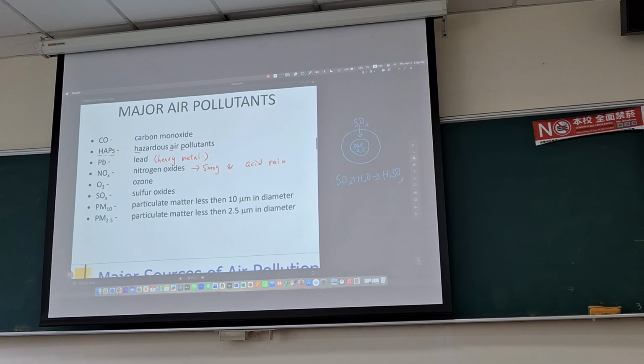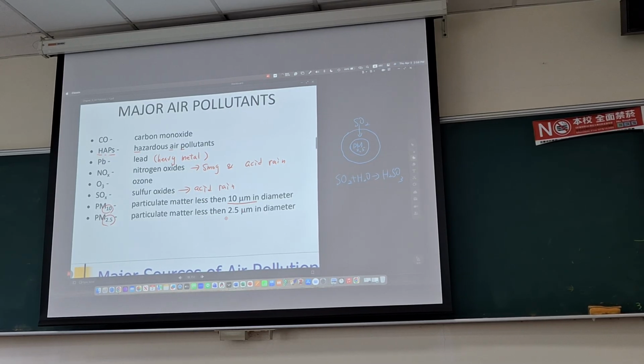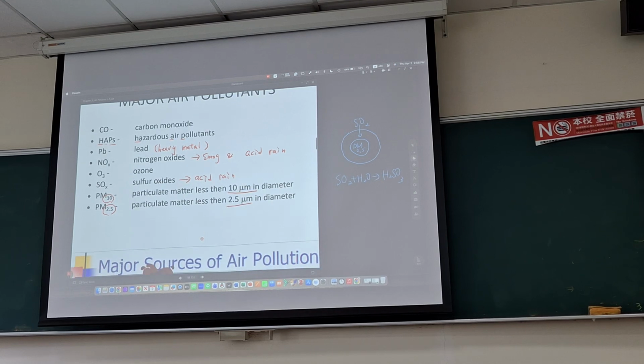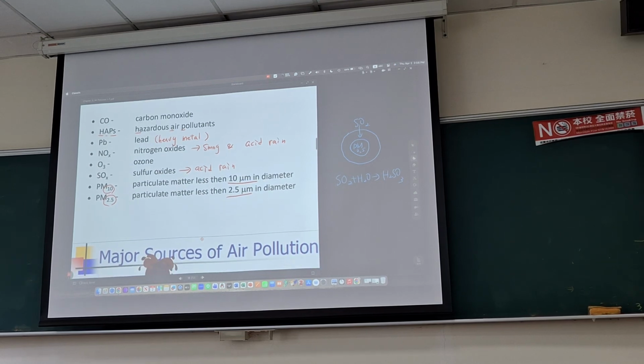Ozone. And sulfur oxide for acid rain. PM10 and PM2.5. 10 stands for 10 micrometers, 2.5 stands for 2.5 micrometers.